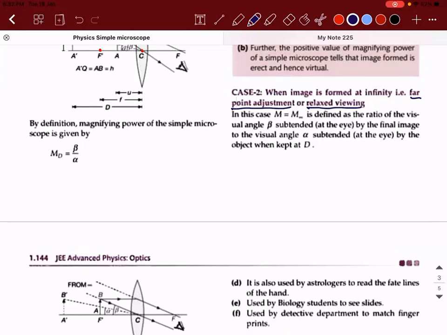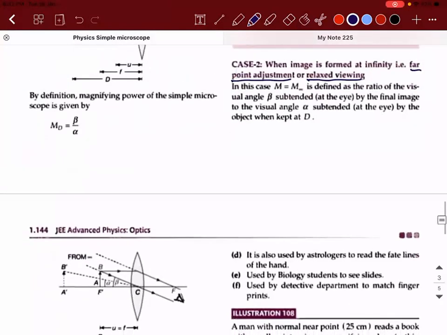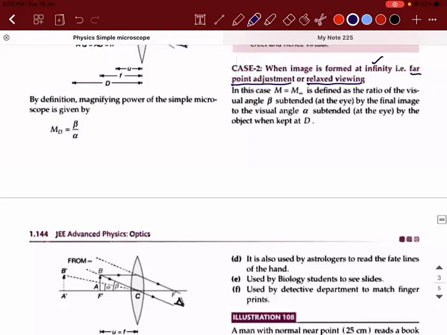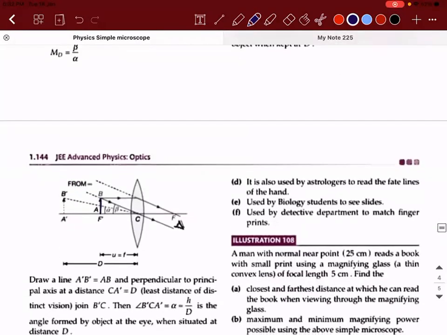Now listen. If the image has to be formed at infinity, where is the object supposed to be placed? That is the question. Right. So the object is supposed to be placed at the focus.